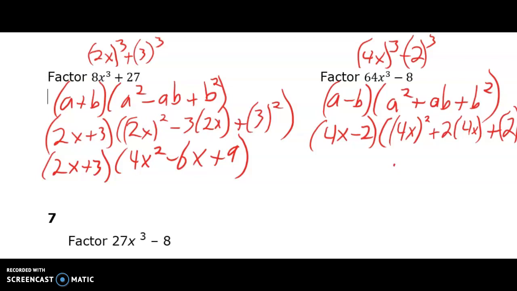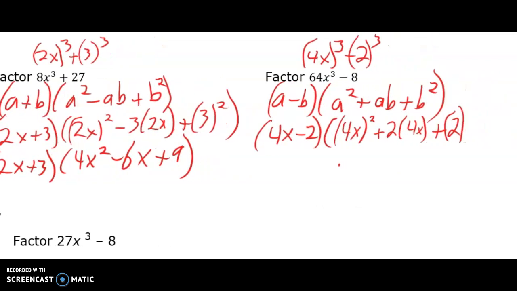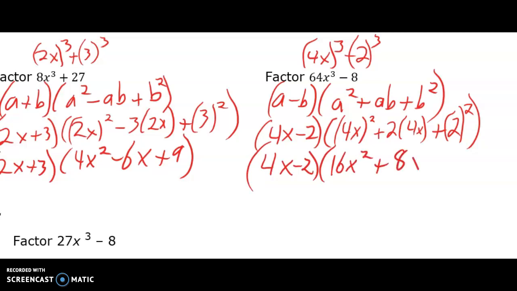Oh, I'm getting off the screen. Hold on. And then you just have to clean that second term up. So 4 squared is 16. X squared plus 8x plus 4.